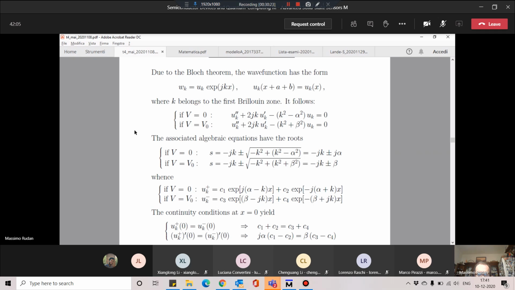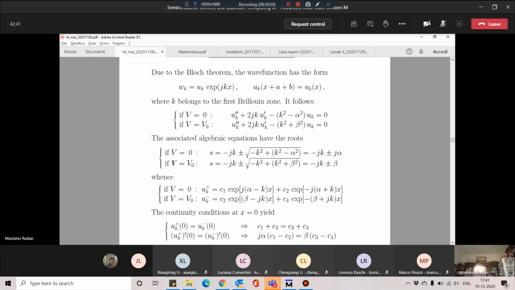And these two zeros are quite easily found, okay? For the first equation, the two zeros, after some manipulations, turn out to be purely imaginary. We have minus jk plus or minus j alpha. So these are the two solutions of the algebraic equations that apply where v is equal to 0.